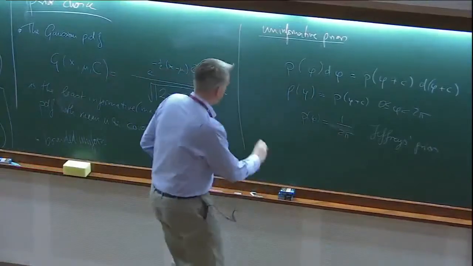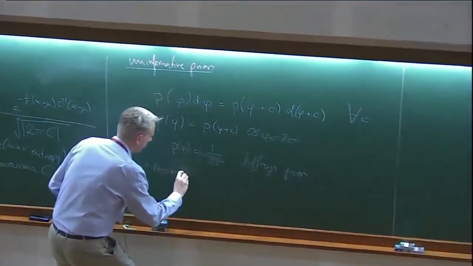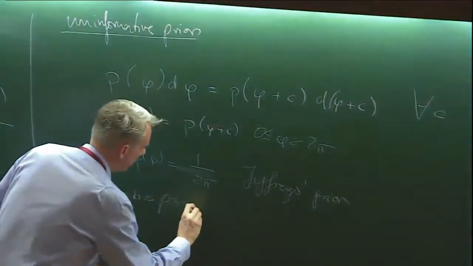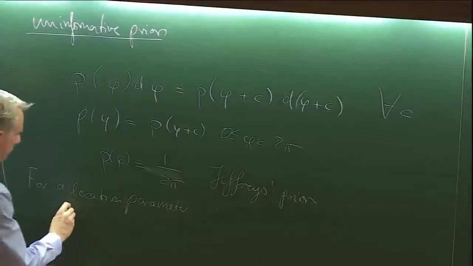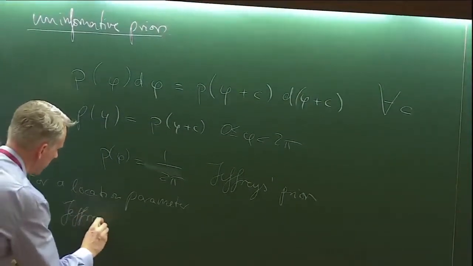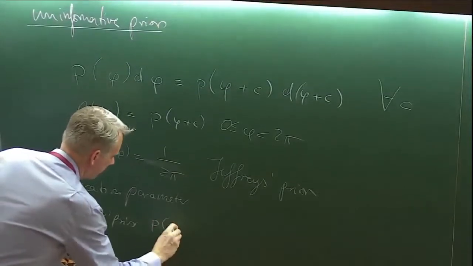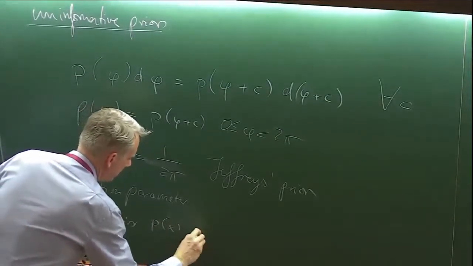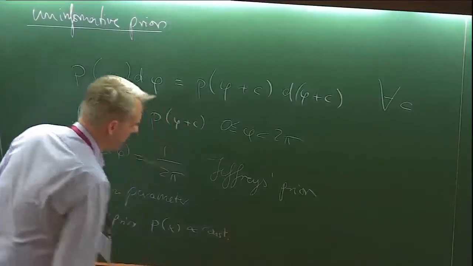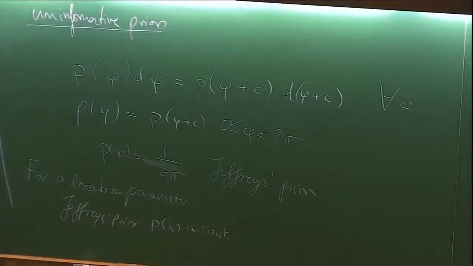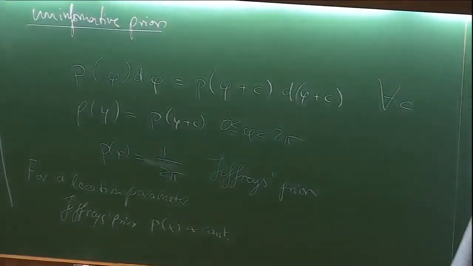Okay, so for a location parameter, the group becomes the group of translations, so Jeffreys prior P of x is proportional to a constant, but obviously the probability of it being in any particular range is actually infinitesimal.